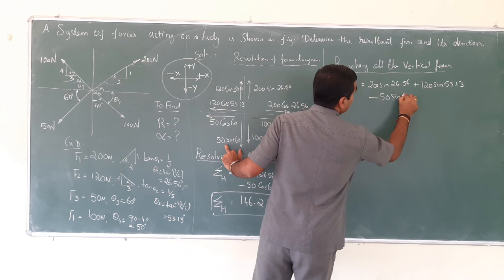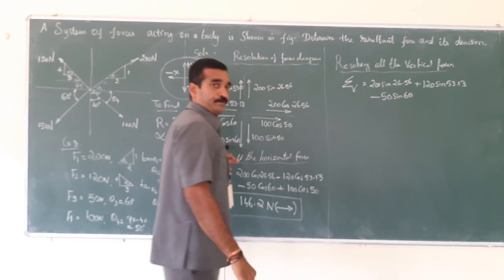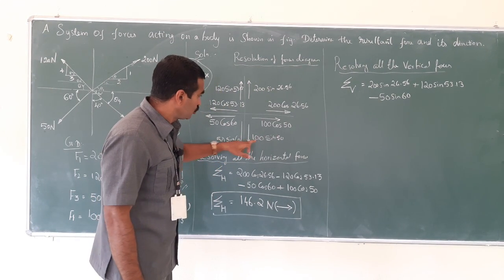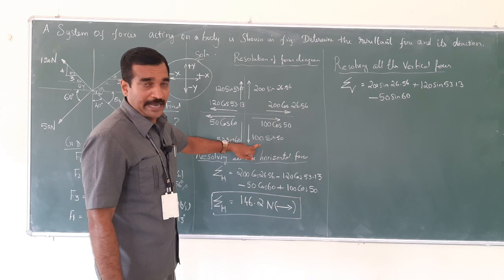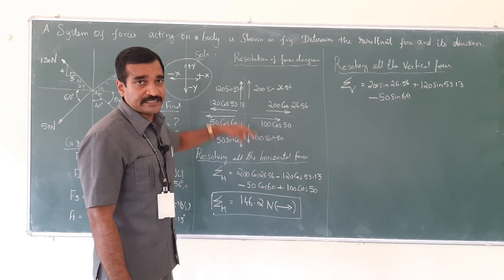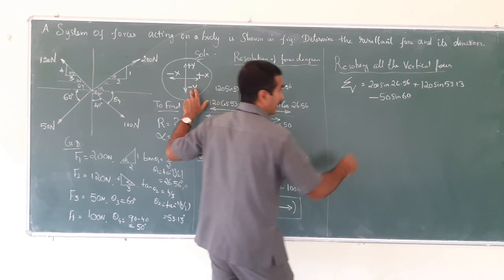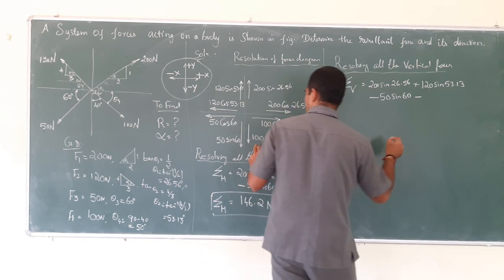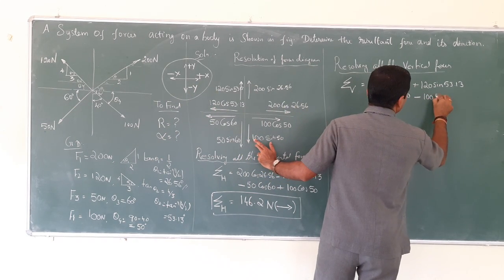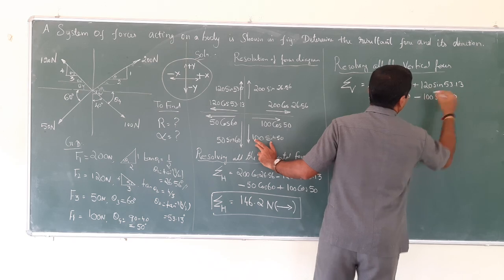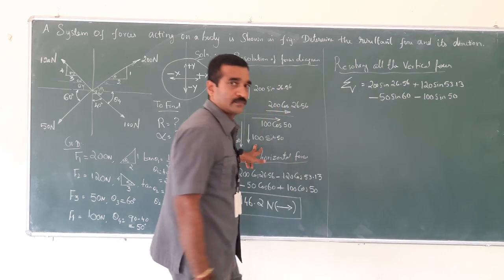Right. Let me move to the fourth quadrant, wherein I have a force which is acting vertically downwards. Vertically downwards carries a negative sign. Minus 100 sine 50. Got it?